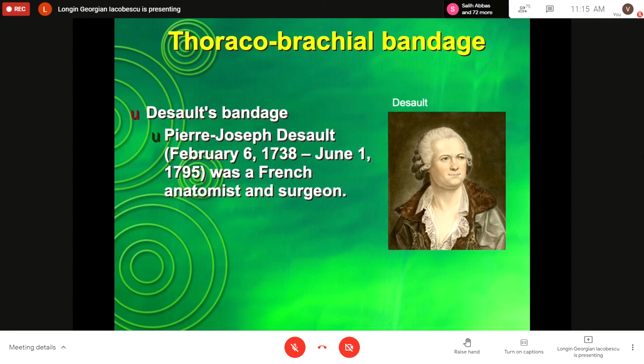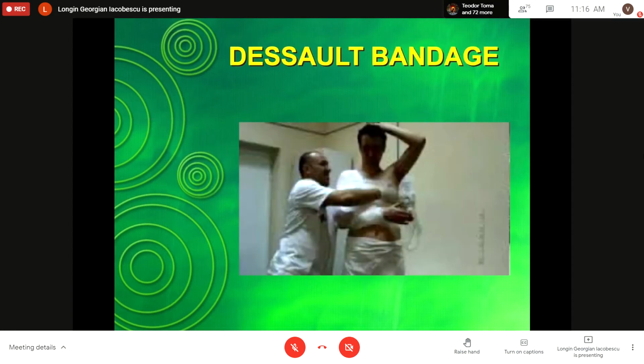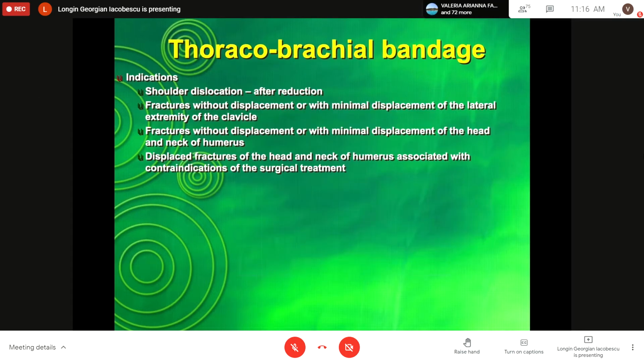He was a very well-known French anatomist and surgeon, and he developed this type of bandage, and in consequence this type of thoracobrachial immobilization gave his name.